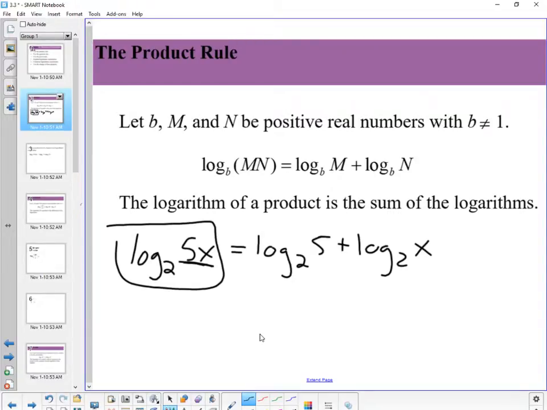So you can split up 5x, here's the 5, here's the x, and they're still log base 2. That's the only thing you can do there. And of course, that should also be able to work in reverse.